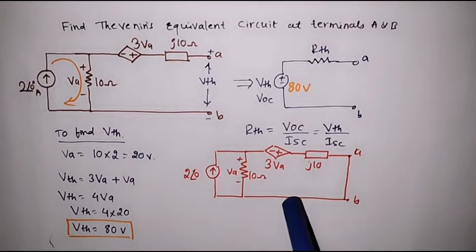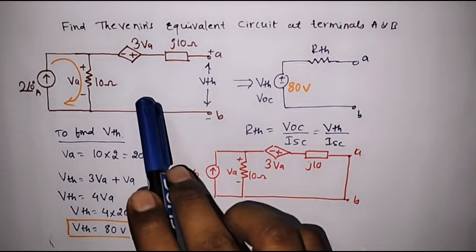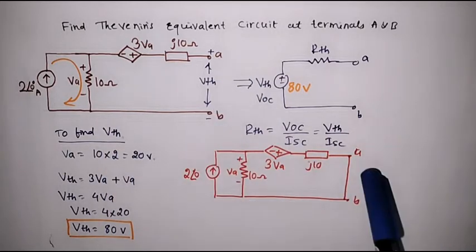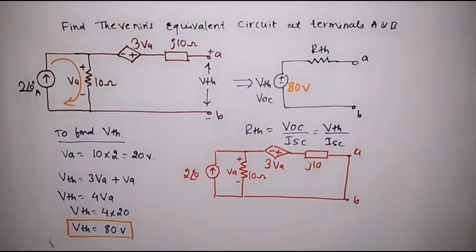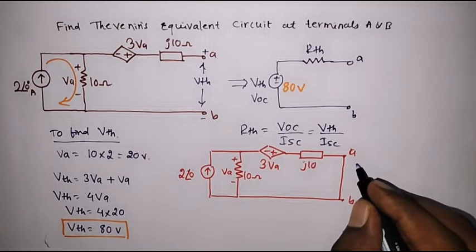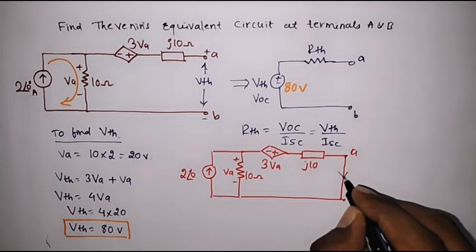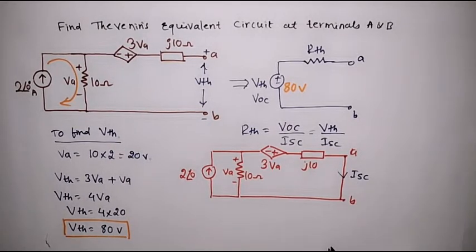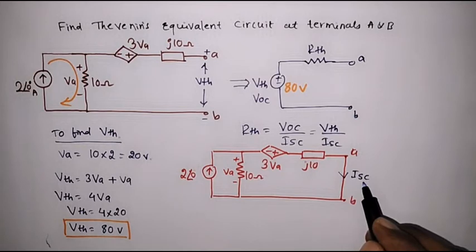Now observe this circuit. This is the same circuit as this one, only terminals A and B are shorted. When these two terminals are shorted, then definitely current will flow. This current is known as short circuit current or ISC. So now we are supposed to calculate ISC.